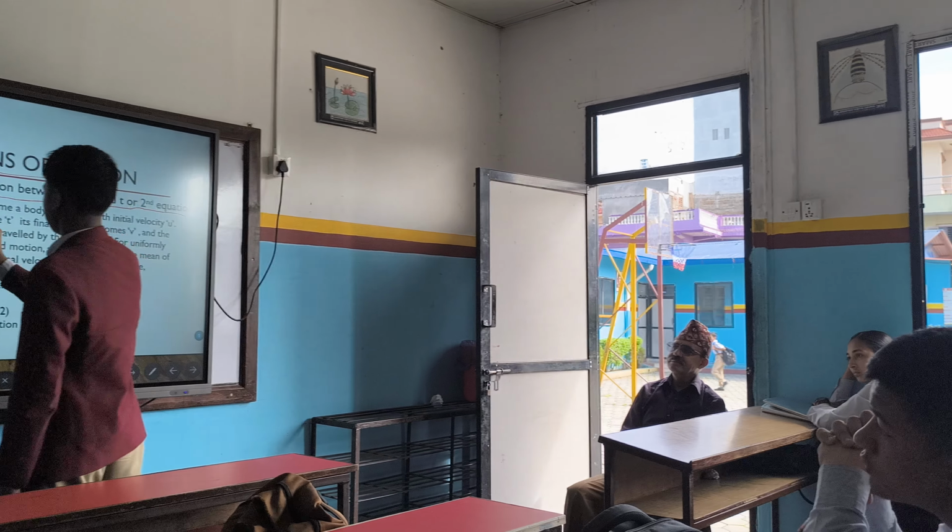Therefore we have Av equals u plus v by 2, first equation; Av equals s by t, second equation. From the equations, u plus v by 2 equals s by t, or 2s equals u plus v times t, s equals u plus v by 2 times t.